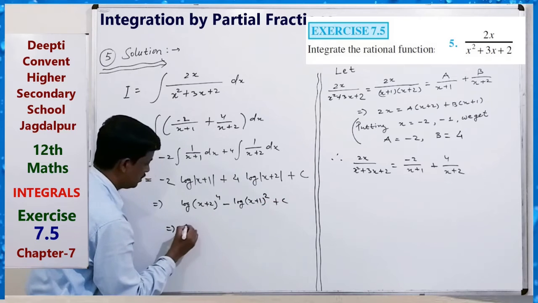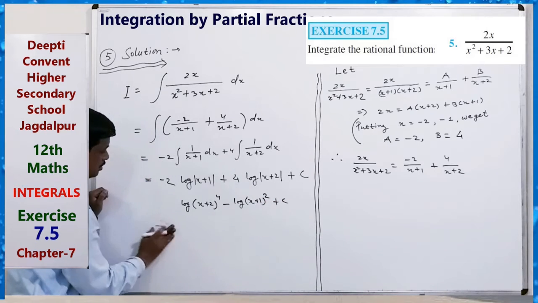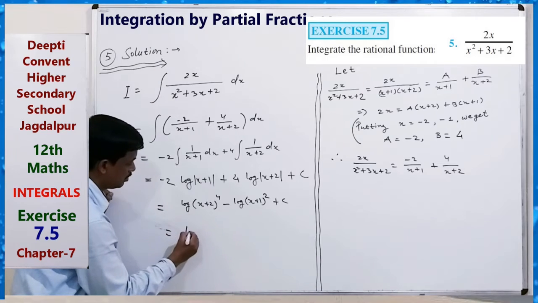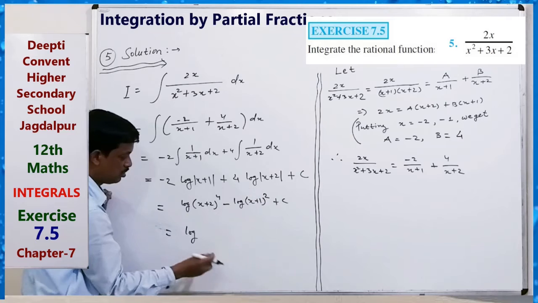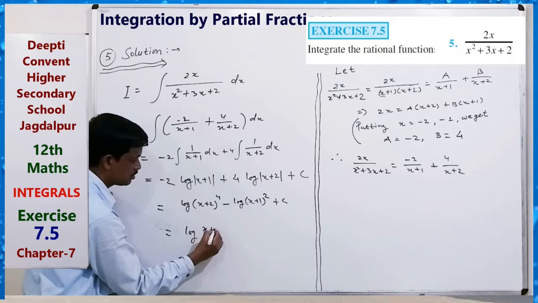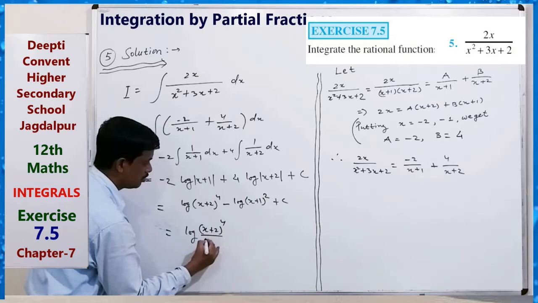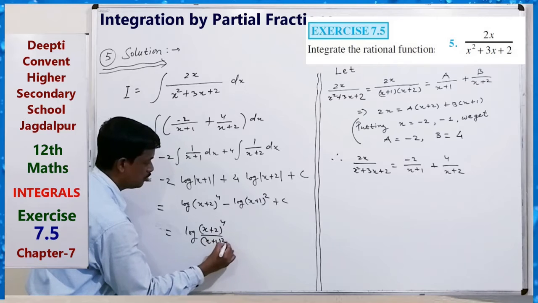Since this is a log of a positive power 4, the mod is not required. So x plus 2 to the power 4 upon x plus 1 to the power 2, plus c.